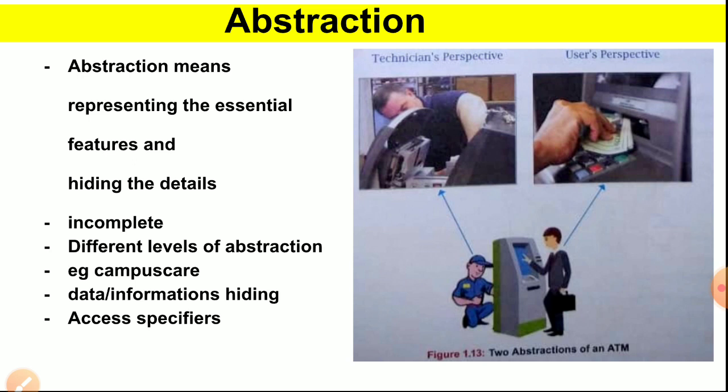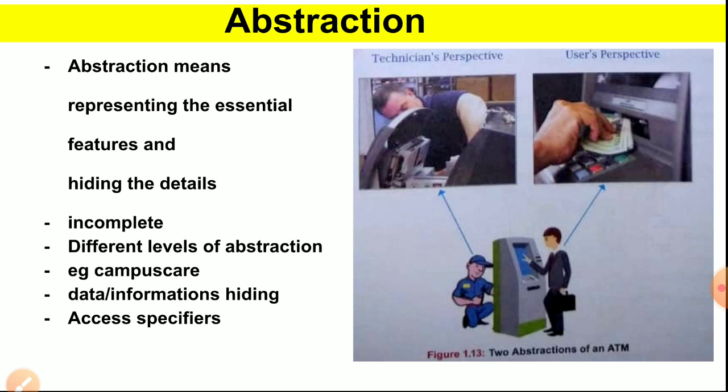You are allowed to press the keys, use the card slot. Okay, so you know how to insert the card, how to press the keys, but you do not know how the ATM is working internally. Okay, you are just aware of the interface.